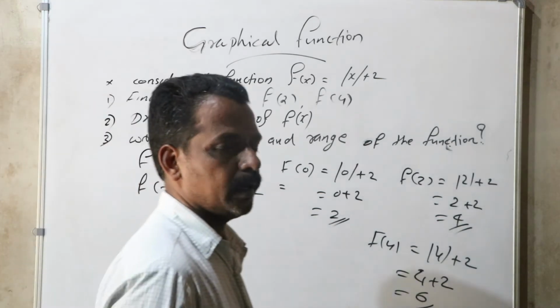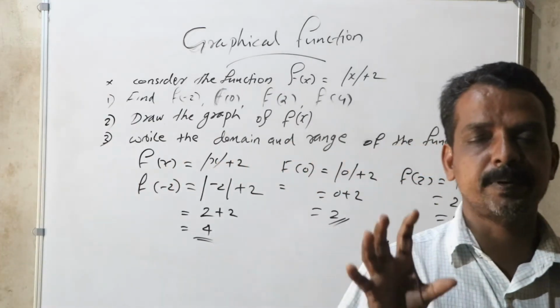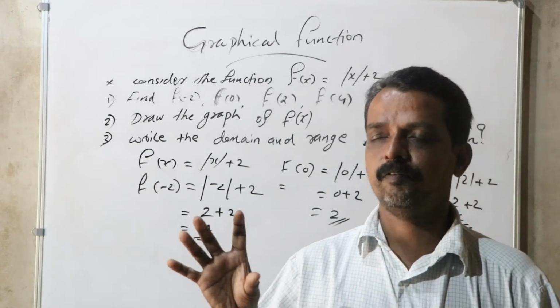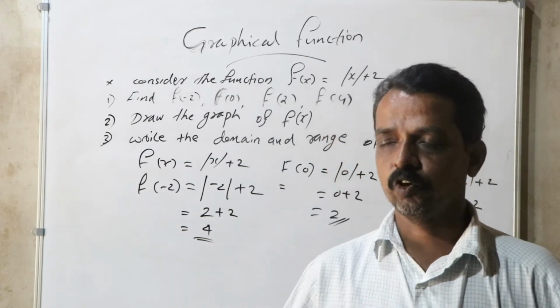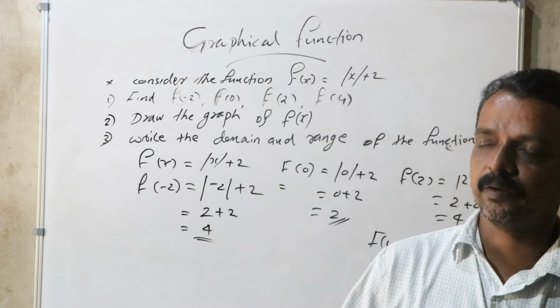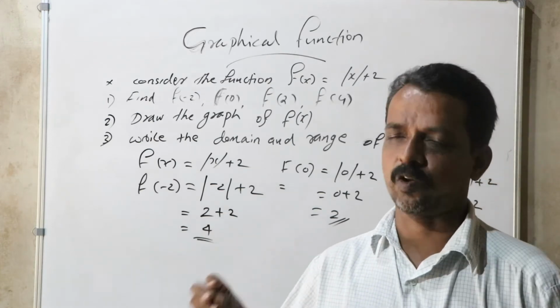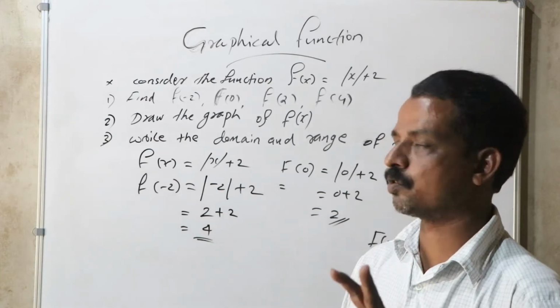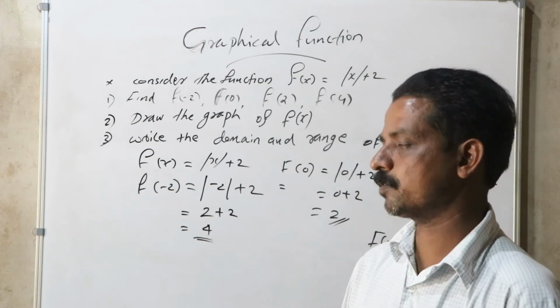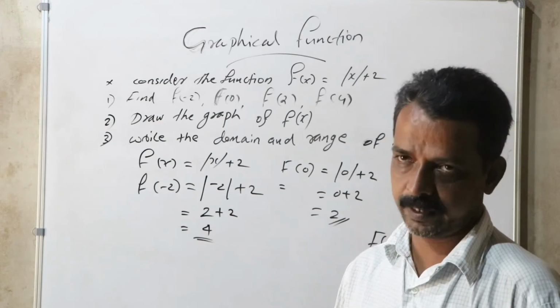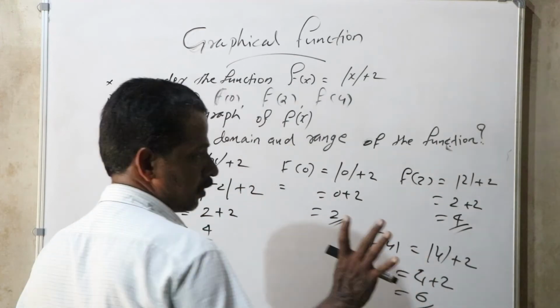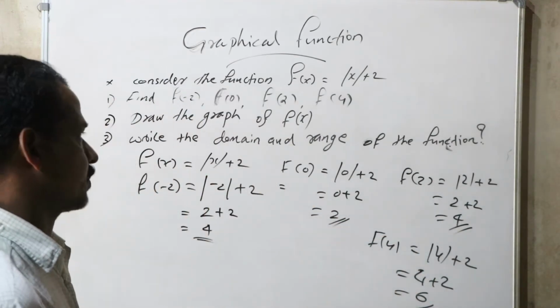So it is not necessary to pick out the first 5 elements, 2 positive numbers, 2 negative numbers and 0, that is minus 2, minus 1, 0, 1, 2. Okay. Here are 4 ordered pairs.